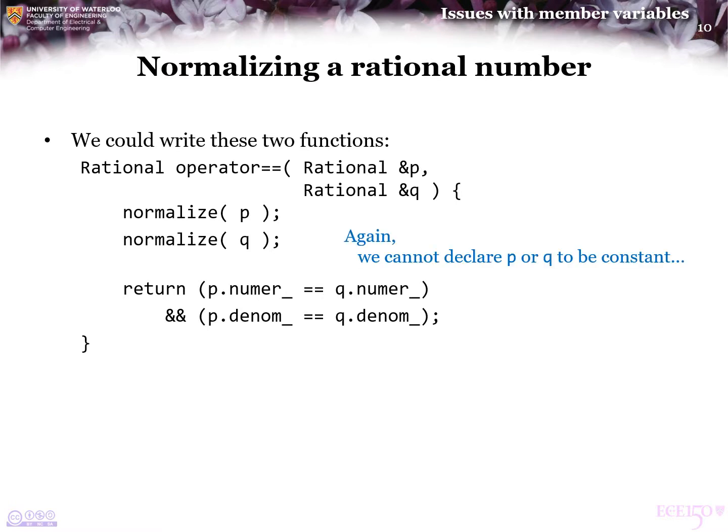Again, we can't declare p or q to be constant because we may actually normalize p and q. So we have to change them. So once again, this is undesirable.